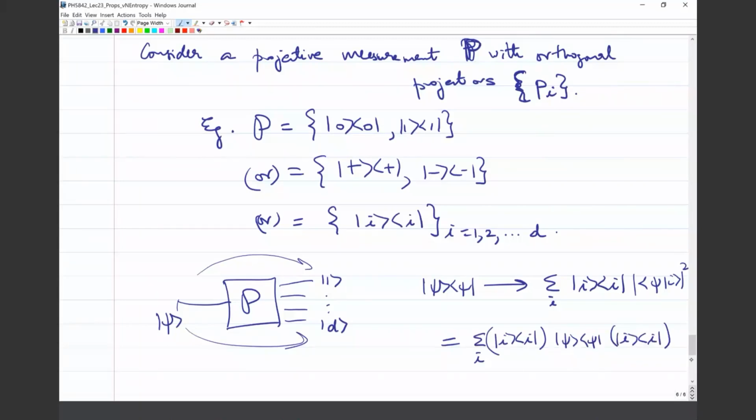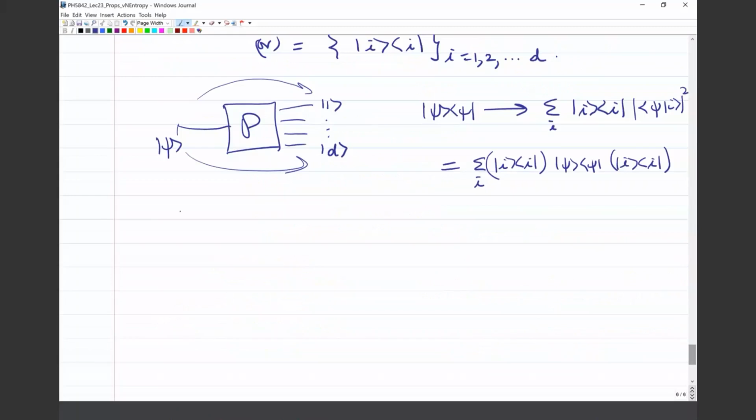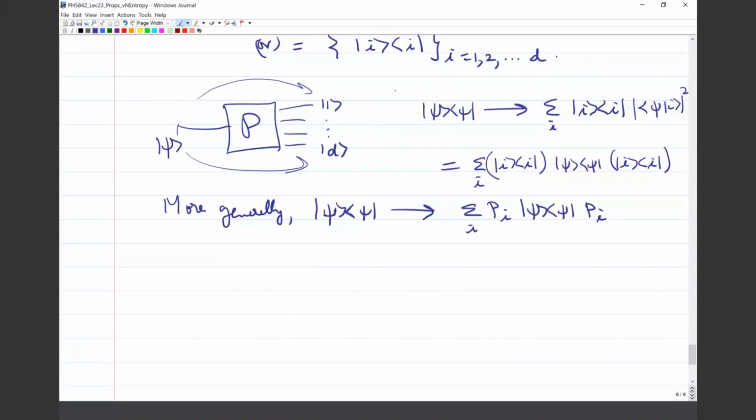So more generally, I will have psi getting mapped to the sum over i of Pi psi Pi, where Pi are the individual projectors that constitute the measurement. More generally, if I have a density matrix, then that will go to this.